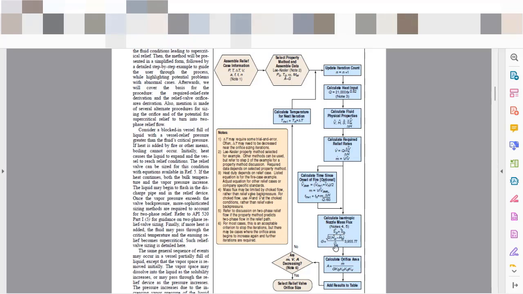With the mass flux, the mass rate and some other constants, we are able to calculate the orifice, add that to a table, and repeat the iteration until we get the maximum orifice area. As I told you, these calculations can be tough because they are based on selecting the proper methods.